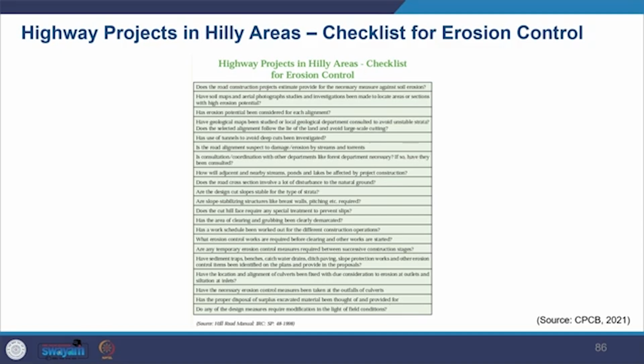You can see for highway projects in hilly areas, the checklist for erosion control is mentioned when you are developing highway projects. Questions like, does the road construction project estimate provide for necessary measures against soil erosion? Have soil maps and aerial photographs been studied, and have investigations been made to locate areas or sections with high erosion potential? All these things have to be seen here.